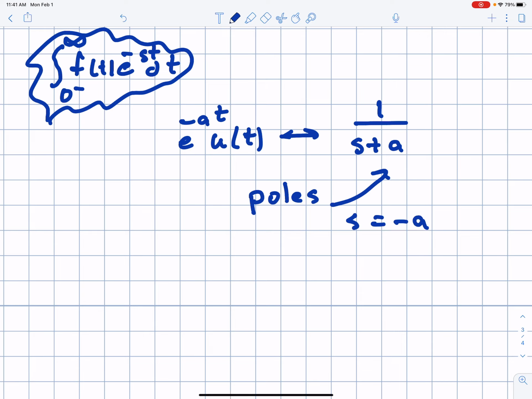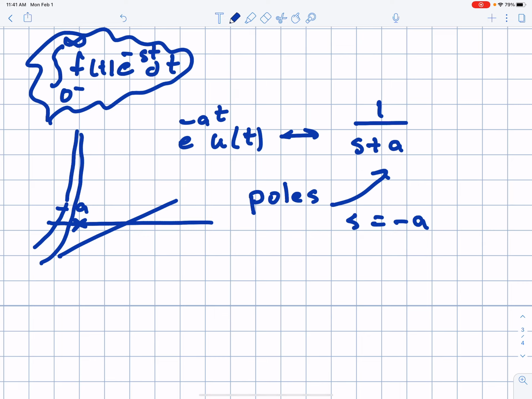It's called a pole because if you looked at the s domain and laid it flat on its side, and you looked at the value minus a, if you plotted this as a three-dimensional plot, it would blow up right above minus a and make a pole kind of shape. If you can't envision that, I'll try to show you that in MATLAB sometime. But that's called a pole.